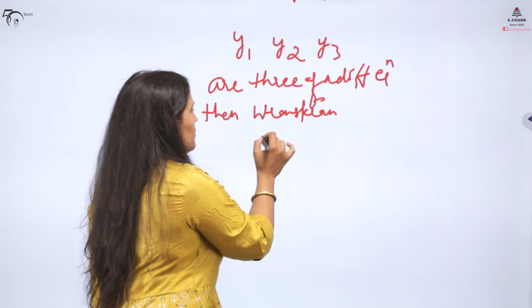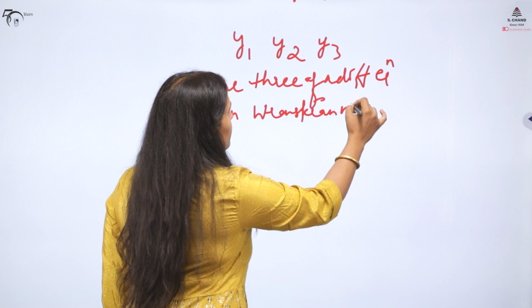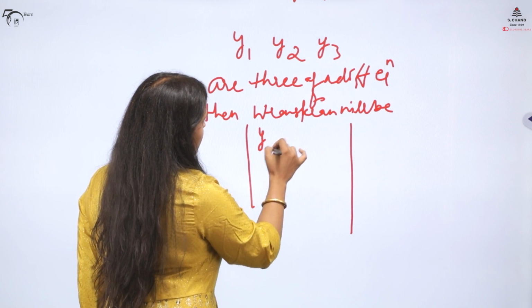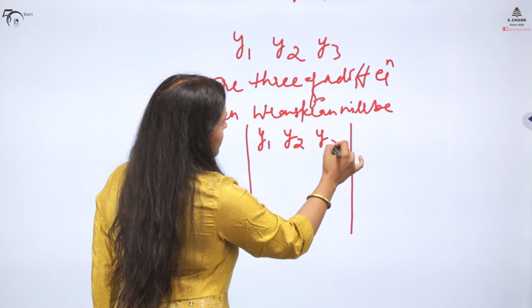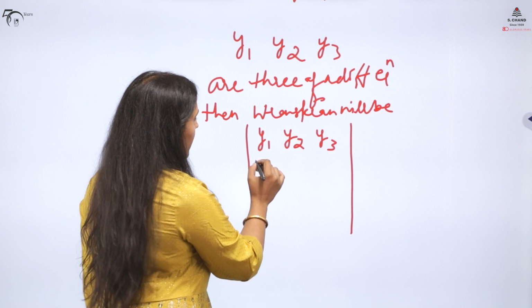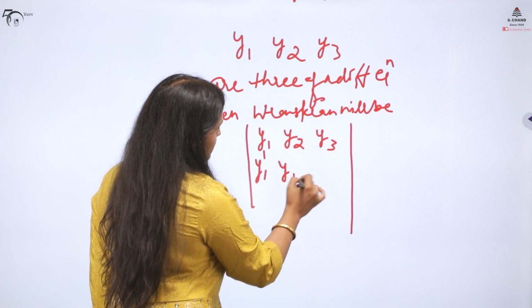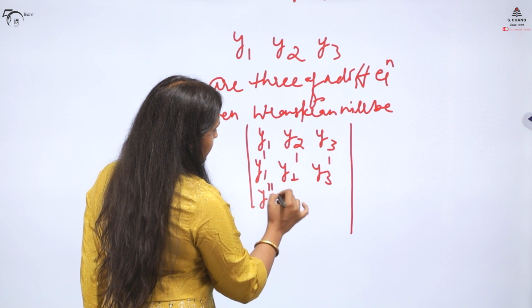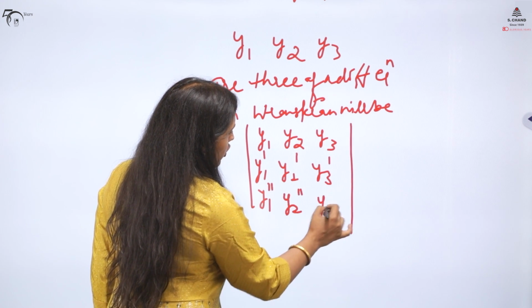The first row will be y1, y2, y3. The second row will be the first derivatives of the 3 solutions. Then the third row will be the second derivatives of all 3.